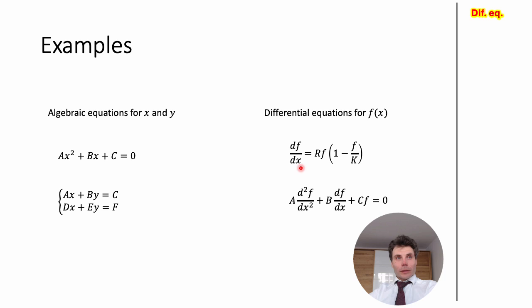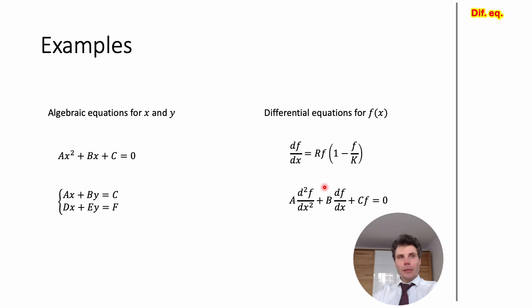And here is one of the examples of a differential equation. It's an expression that equalizes the function's derivative with a certain formula that involves the function itself and probably some constant parameters as well. What do we have here? We see that df over dx equals a constant parameter r times f times 1 minus f over k, where k is a constant parameter as well.